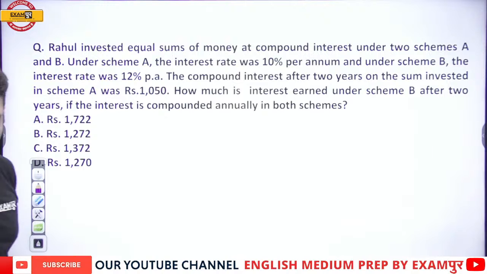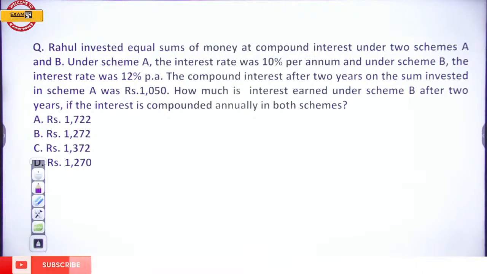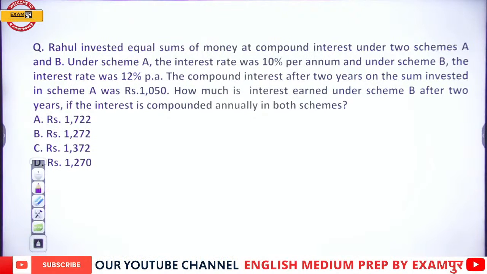Under scheme A, the interest was 10% per annum, and under scheme B, the interest was 12% per annum. The compound interest after 2 years on the sum invested in scheme A was 1,050.